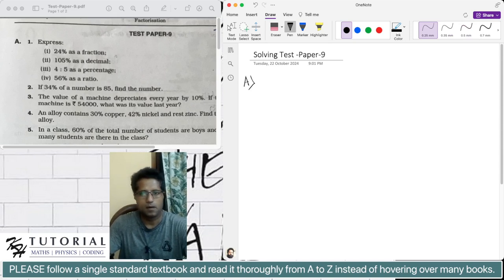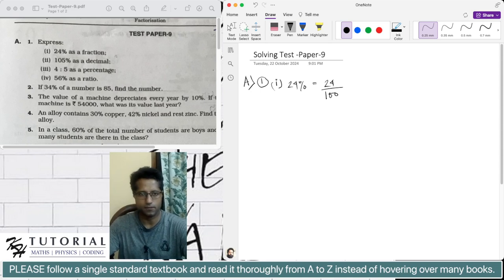Section A, problem number 1, part 1: 24% as a fraction. So we have to express 24% as a fraction. 24% means 24 by 100, and this is the fraction.